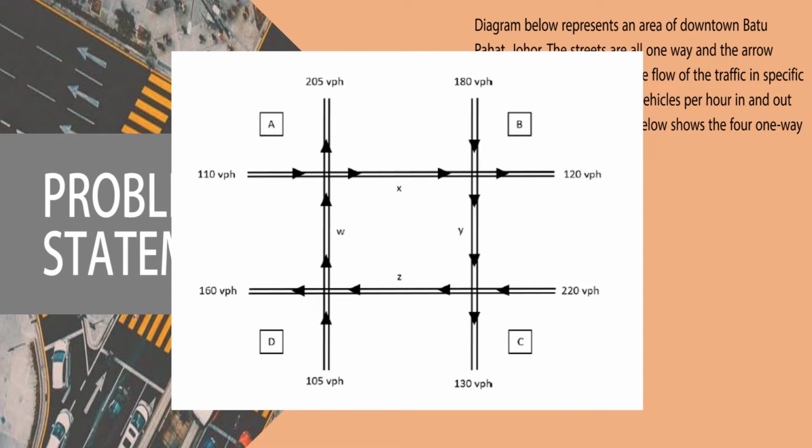At C, there are 220 vehicles per hour that enter the intersection and 130 vehicles that leave the intersection. And lastly, at D, there are 105 vehicles per hour that enter the intersection and 160 vehicles that leave the intersection.